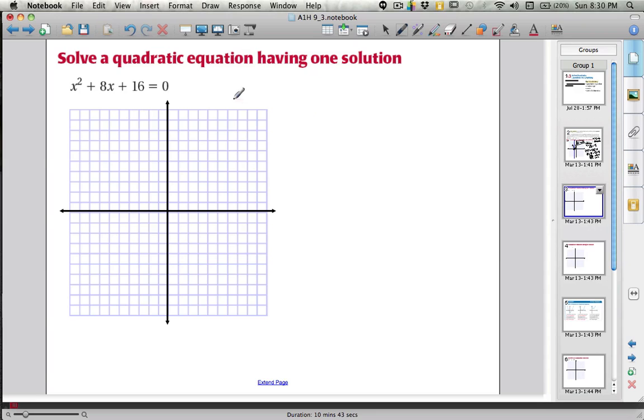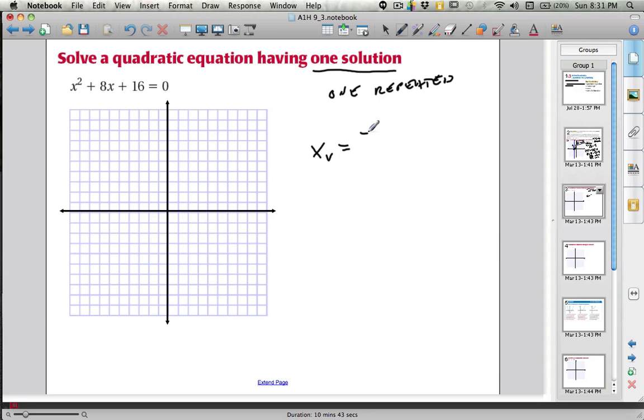Okay, so if we move along here with solving a quadratic equation having one solution, and remember, one solution is really one repeated solution. If I'm just going to graph it, I'm still going to start with finding the x-coordinate of the vertex.